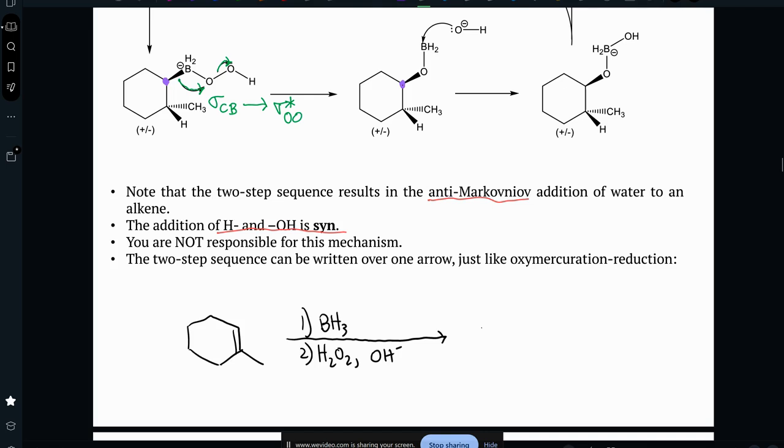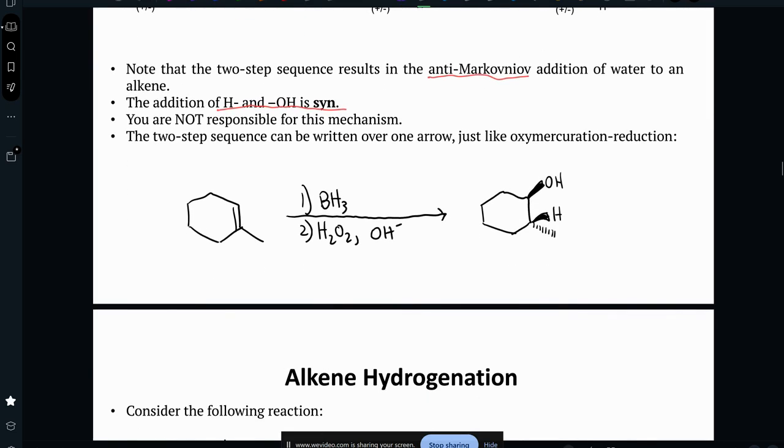And the net result is we add an OH to the less substituted carbon and an H to the more substituted carbon, and we add them syn to each other. So in this case, if I had a methyl group there on that more substituted carbon, it will push the methyl group back. So again, it's another way to make an alkene into an alcohol, but now we get different regiochemical results.